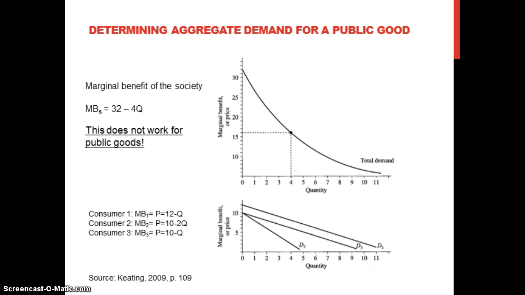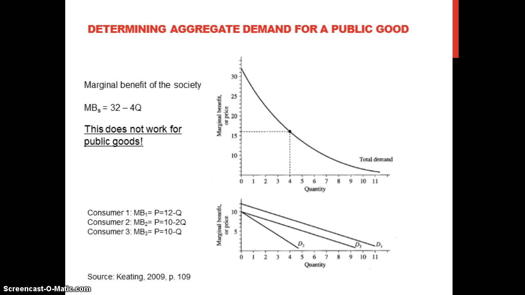Another difference between private and public goods is that in public goods, individuals cannot determine how much public good is necessary. As we learned in supply and demand theory, interactions of self-interested consumers and sellers determine the price.